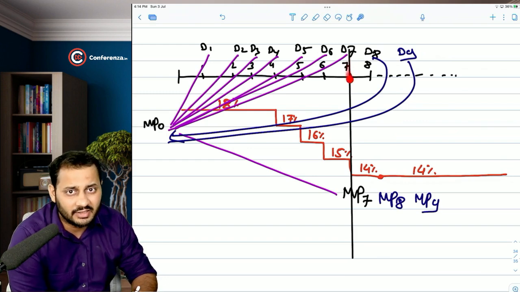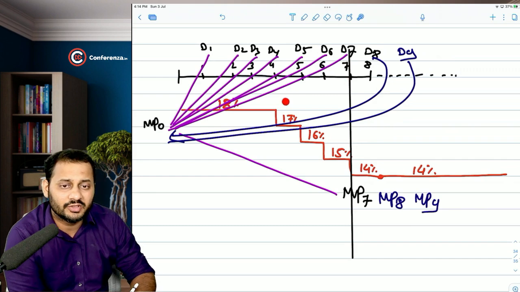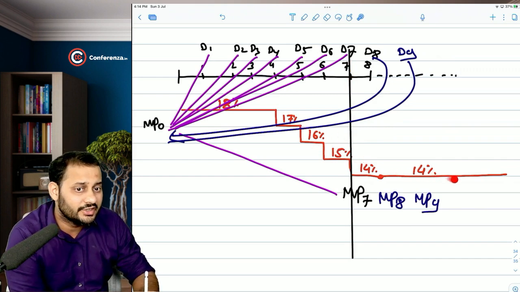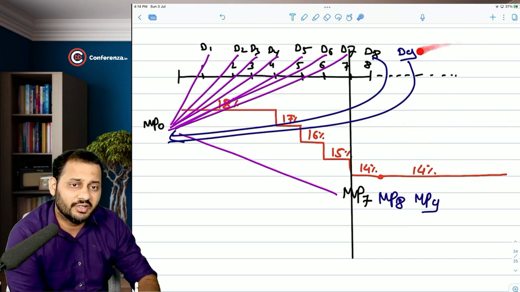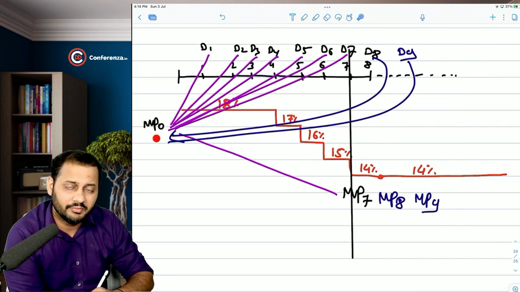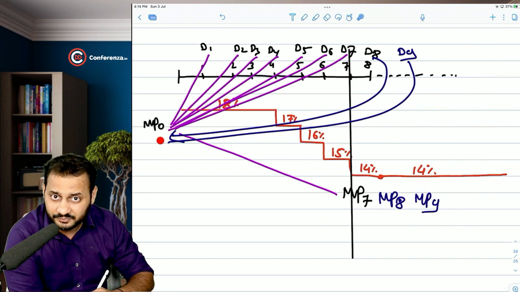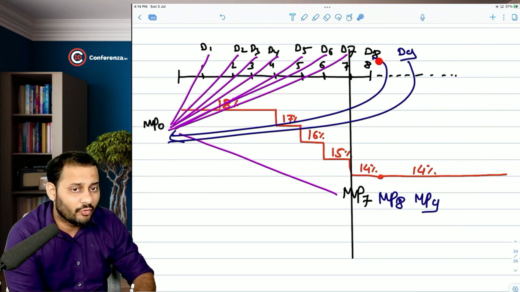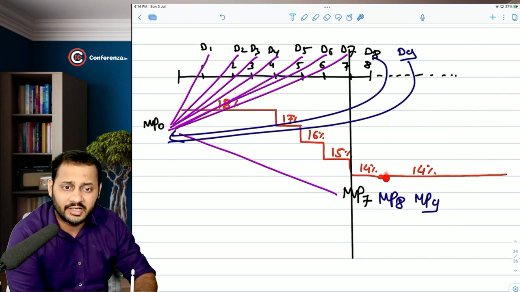Minimum 7 year has to be there, because before that there is a variation in the growth rate. But after 7 year, there is no variation in the growth rate. So whichever year you take, you will have to take the market price of that year, discount it to 0th time, and you will get the same answer. So that's why I don't want to waste time taking D8 and MP8, D9 or MP9, whatever it is.